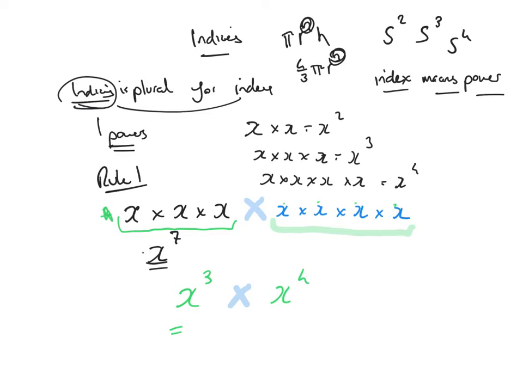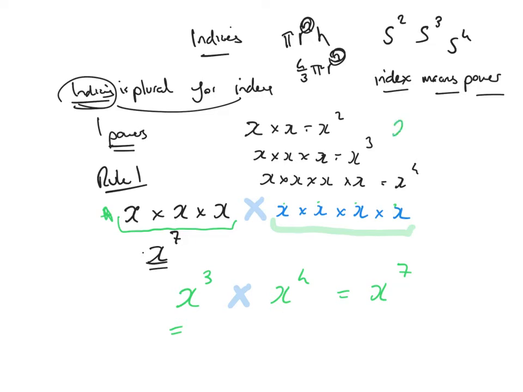Now I know that when I do x cubed, x times x times x, and I multiply it by x to the power 4, x times x times x times x, that gives me x to the power 7. So x cubed times x to the 4 gives me x to the 7. Now the rule is, when you multiply together two things, you add together their powers. So when you multiply together two things, you add the powers.